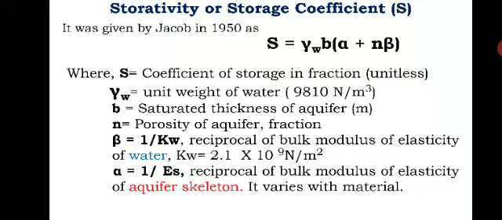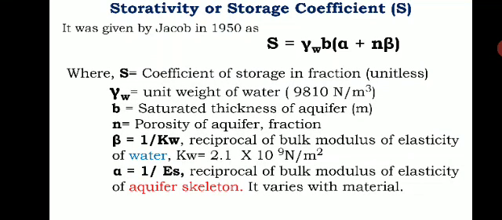So it varies with the material, that we have discussed. Different materials, different rocks act as an aquifer, so the value of alpha depends upon the material of which the aquifer is made up of.